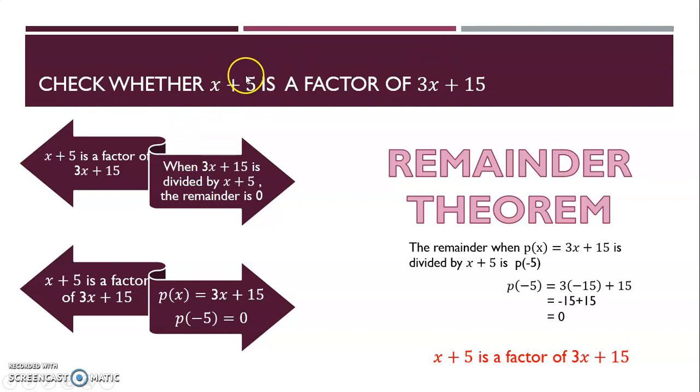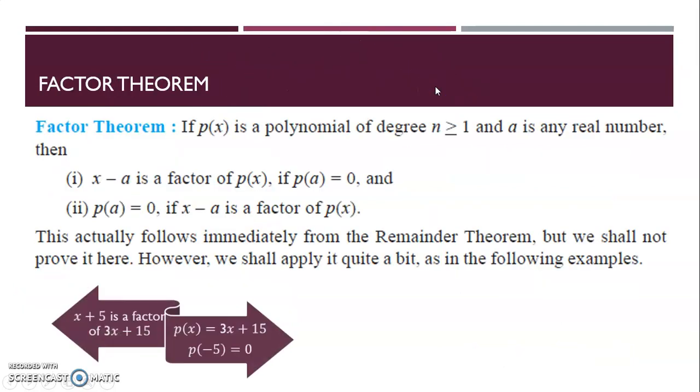Whatever constant is there, I take the negative of that because we are finding the 0, and substitute it in the polynomial p of x. If we find p of a to be 0, then x minus a will be a factor of p of x. If x minus a is a factor of p of x, then p of a has to be 0.